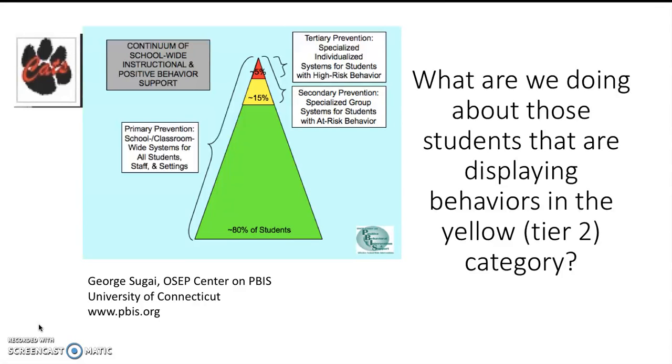Now, this is where I came up with the idea of 2.9 Club because Dr. Terry Scott says, let's not concern ourselves with where the student falls on these categories of the triangle, but rather deal with interventions and behaviors that need to be taken care of for each individual student. So they could be high risk even if they're in the upper green area. So that's where I came up with the 2.9 Club, to remind us that we don't necessarily have to concern ourselves so much with where on the triangle they are.